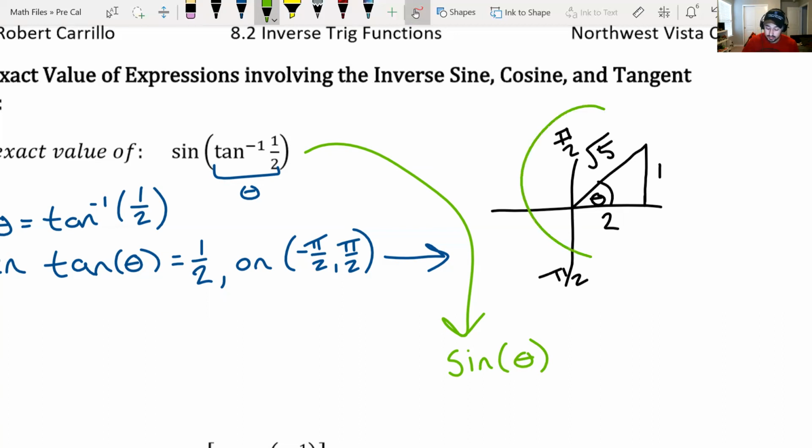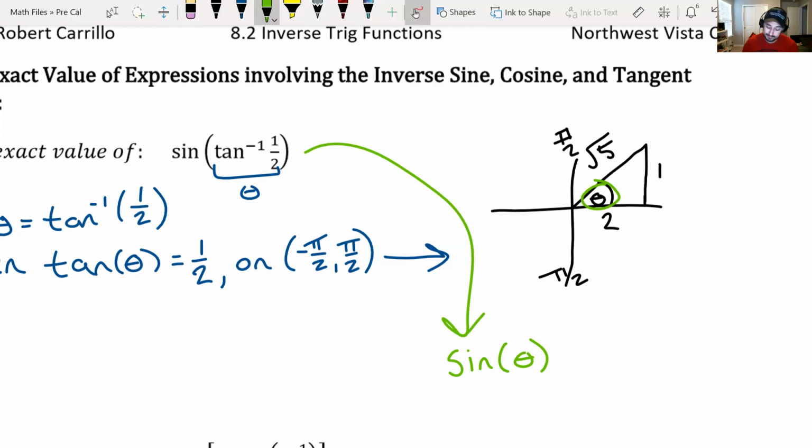Theta contains all of this information that we created based on the right triangle and the restrictions. So now all we have to answer is, what is the sine of this theta value in this triangle in these restrictions on the unit circle?